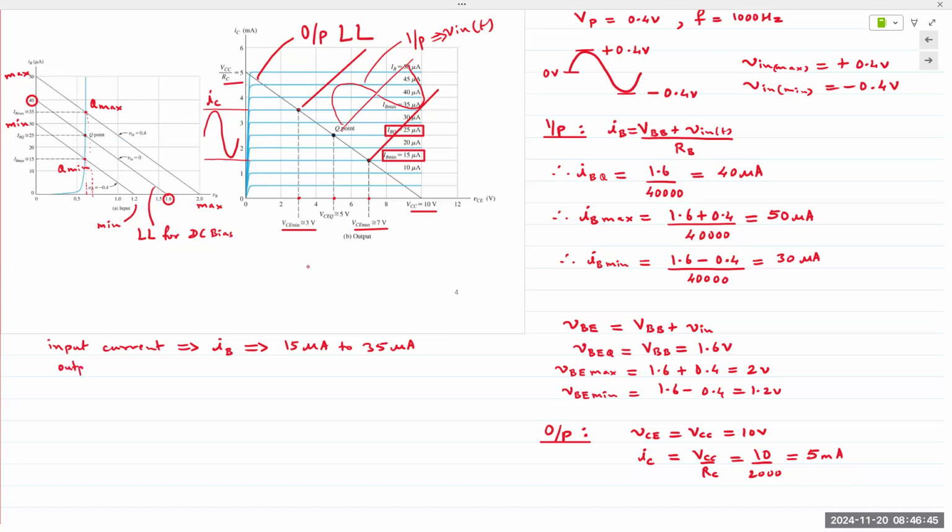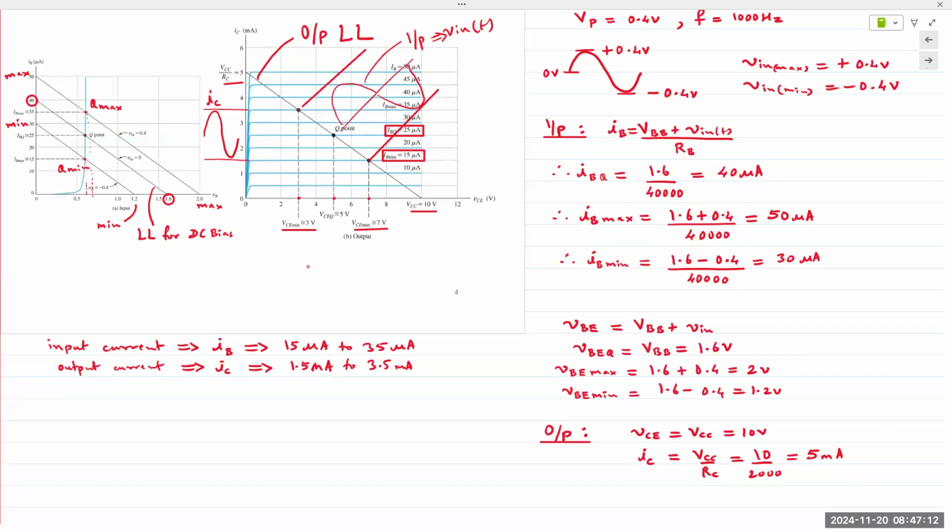And output current would be IC, and IC is varying from 1.5 milliamps to 3.5 milliamps. Obviously, these are ideal characteristics, but with real-life BJTs, we have a slope.